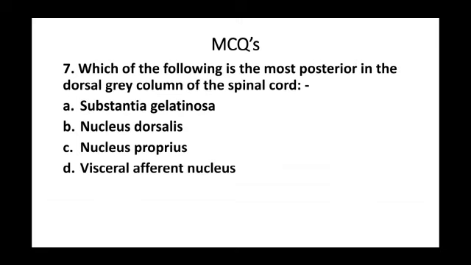Which of the following is the most posterior in the dorsal gray column of spinal cord? Substantia gelatinosa, nucleus dorsalis, nucleus proprius, or visceral afferent nucleus. The answer is A, substantia gelatinosa.